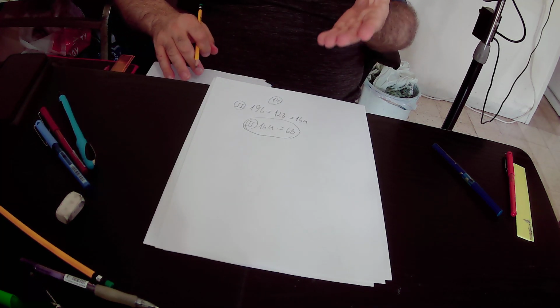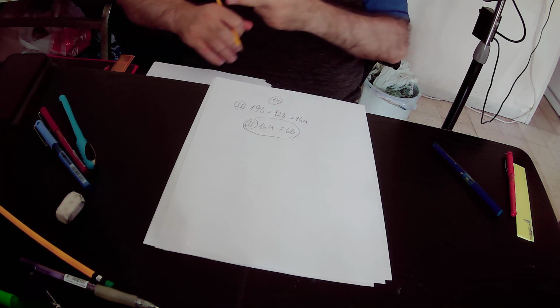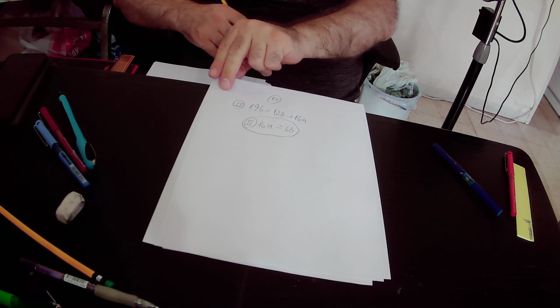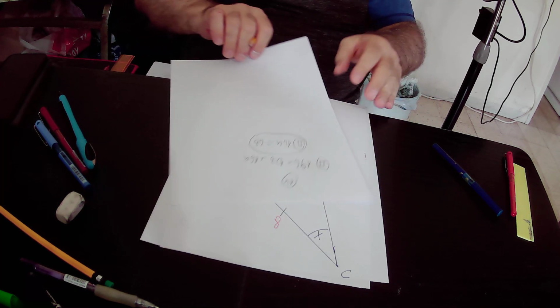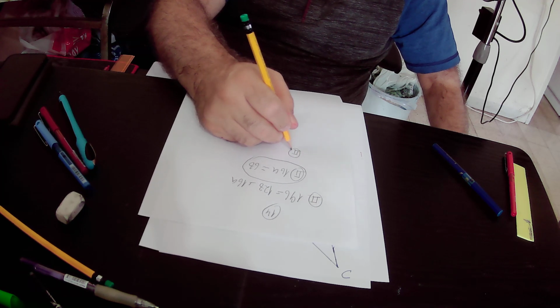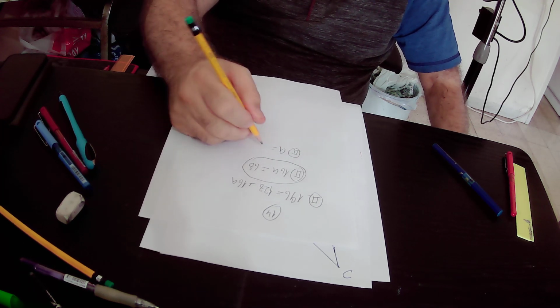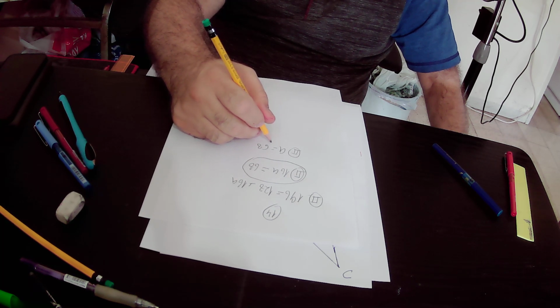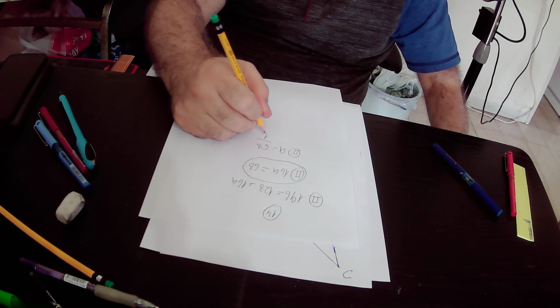Here we will divide equation number 2 by 16 in order to get the value of a. A equals 68 over 16.